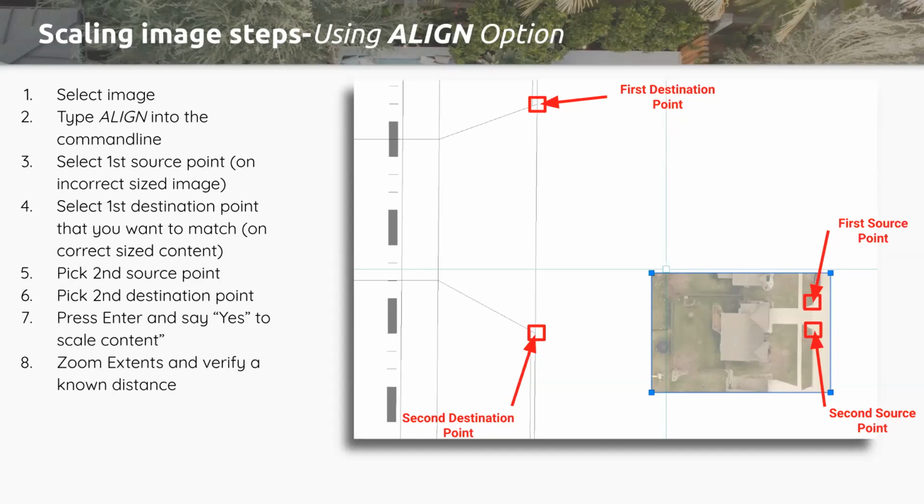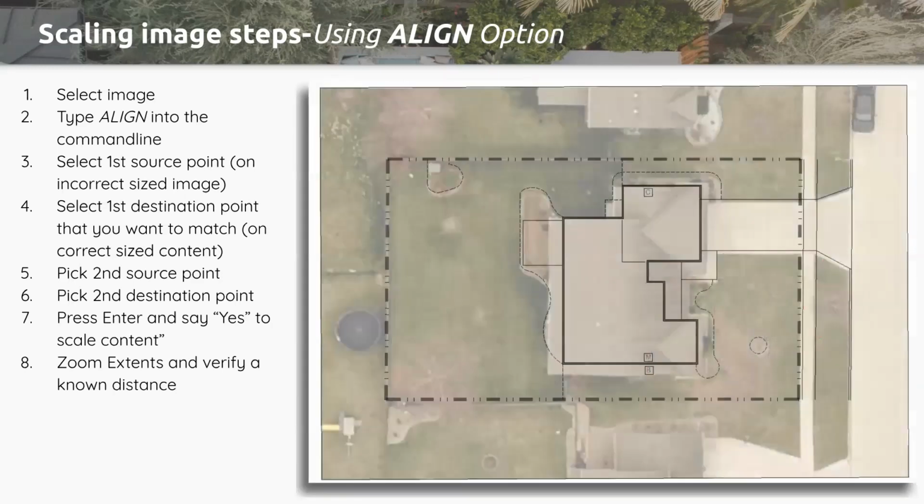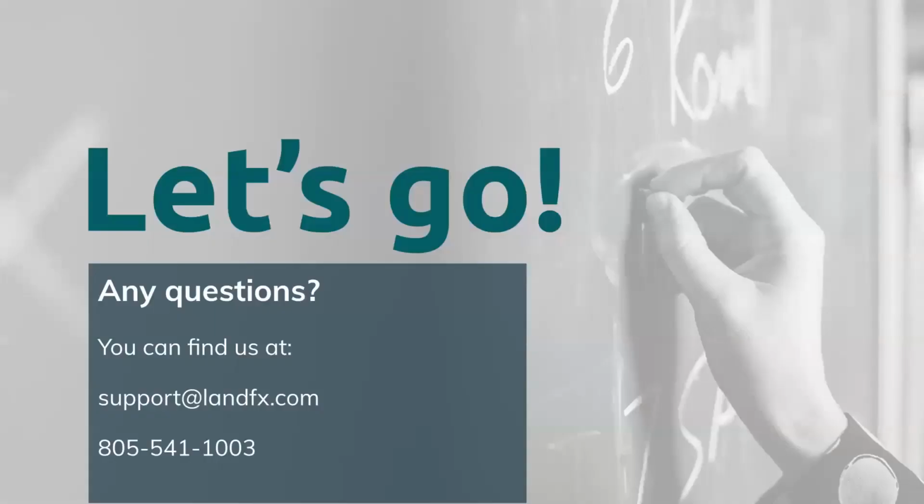If you don't, it will align to those locations, but it will not scale the image. So making sure you say yes and enter, it's going to then underlay that image onto that line work. So a very quick way to position something as well. And we'll go through that live as we go.